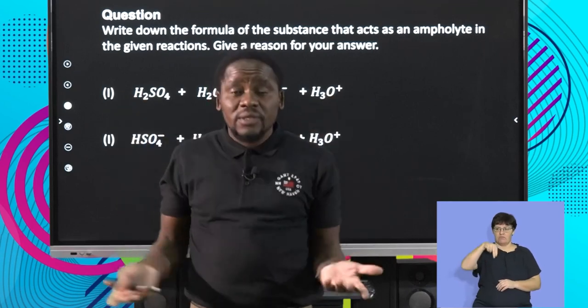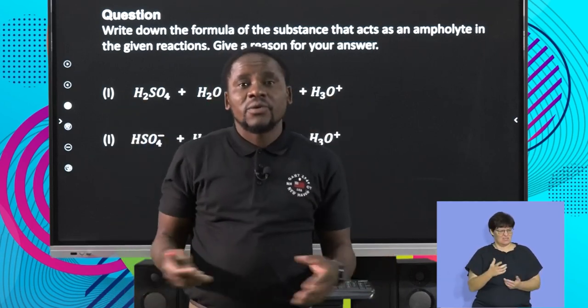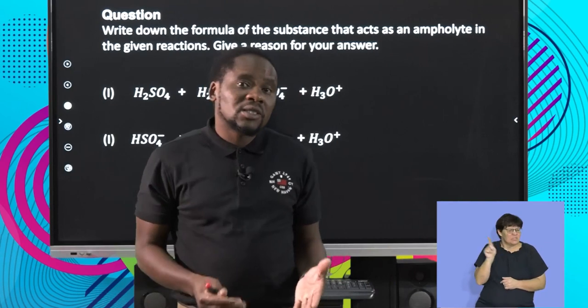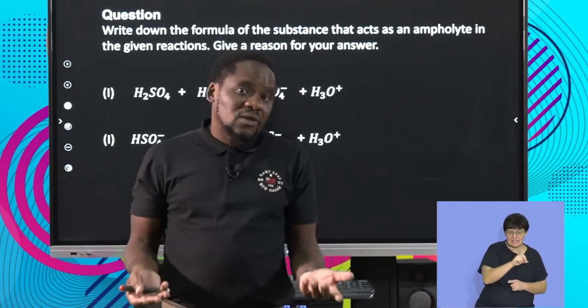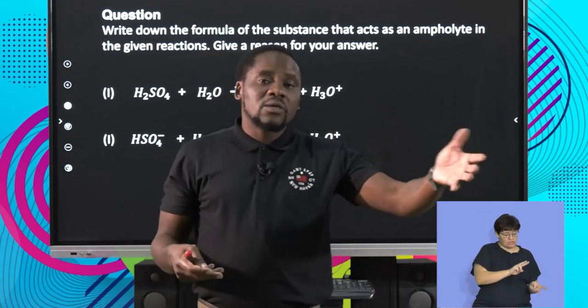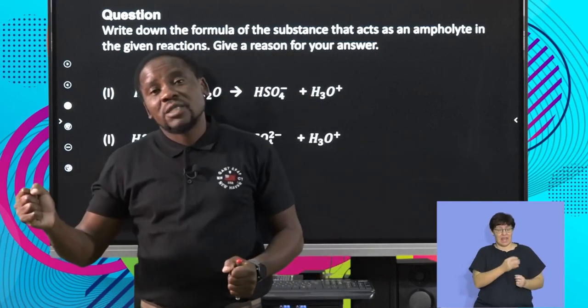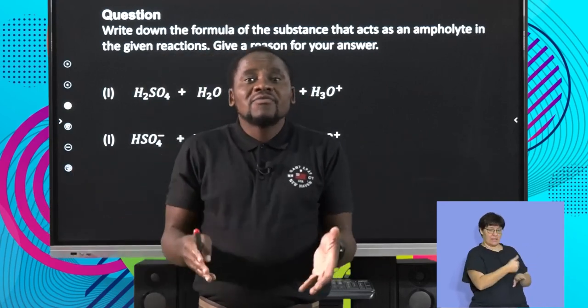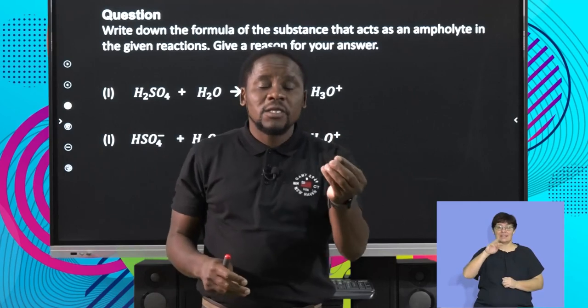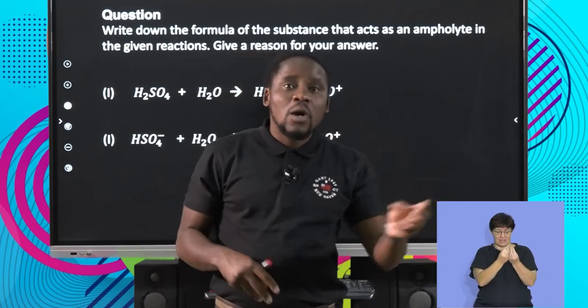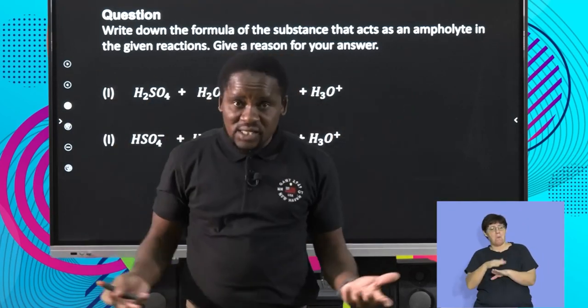In the context of acids and bases with respect to the transfer of protons, there is a proton donor, which is an acid, and a proton acceptor, which is a base. So an ampholyte is typically a substance that can act as an acid or a base in different reactions.